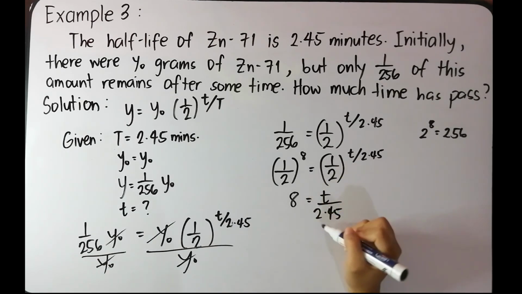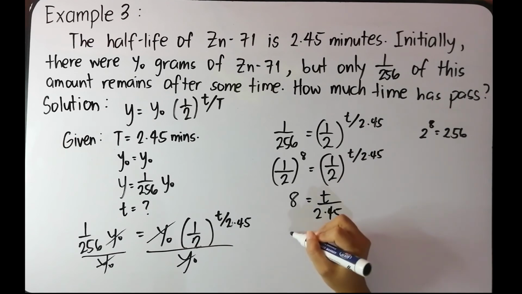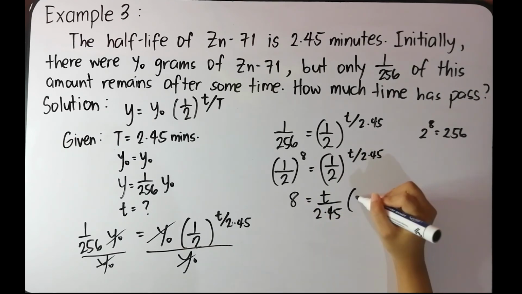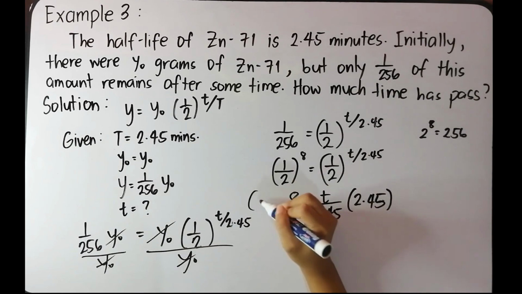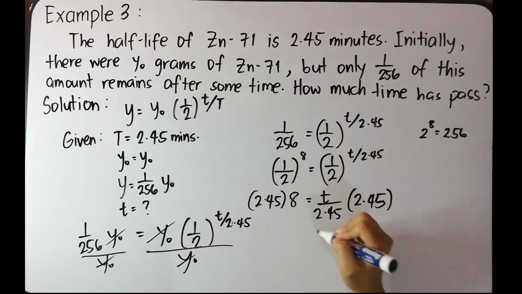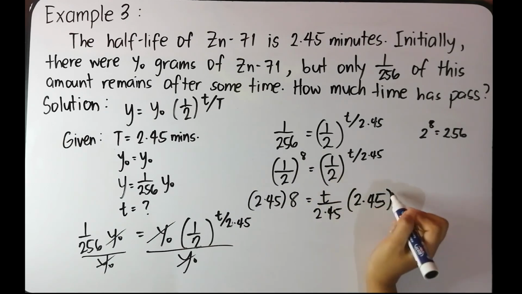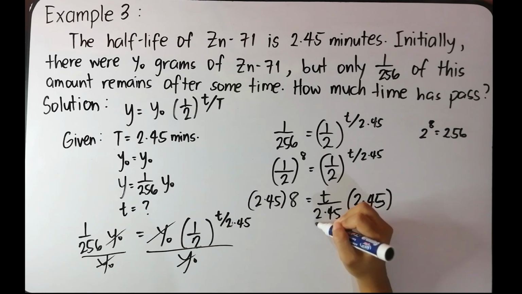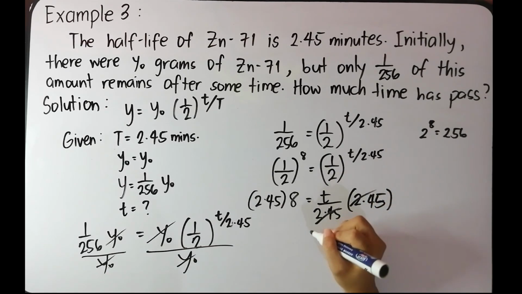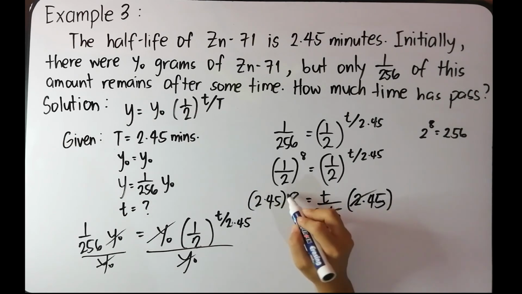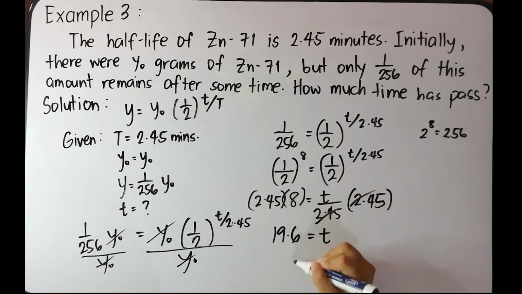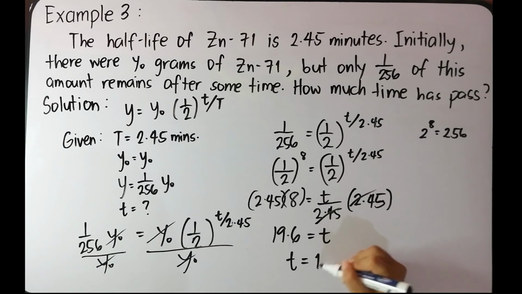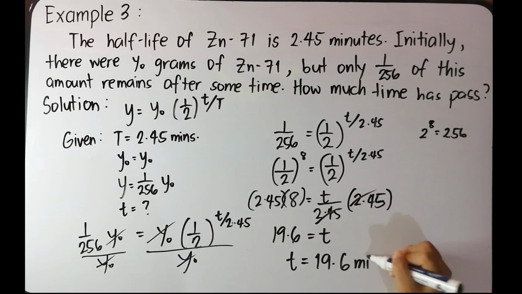And for t now, we need to multiply both sides by 2.45 to get the value of t. So 2.45 divided by 2.45, that is 1. So we can cancel it. And now t equals 2.45 times 8, that is equal to 19.6. Our time is equal to 19.6 minutes.